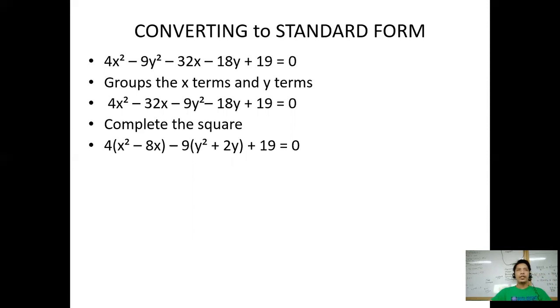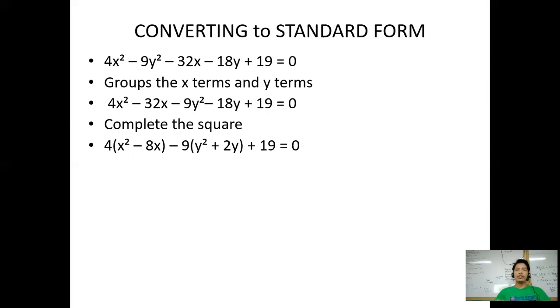So ulitin ko, negative 8 divided by 2 is negative 4, raised to the power of 2 is 16. So magiging kumpleto nun is x squared minus 8x plus 16. Samantala, dito naman, 2y divided by 2 will be 1, raised to the power of 2 will be 1. So magiging y squared plus 2y plus 1, yun na po yung kumpletong squared niya.